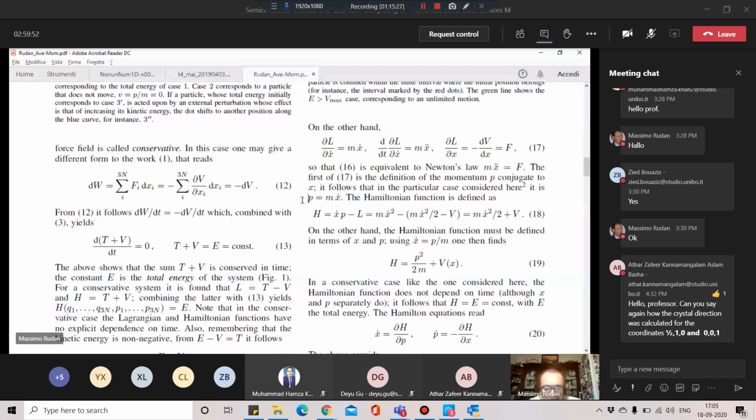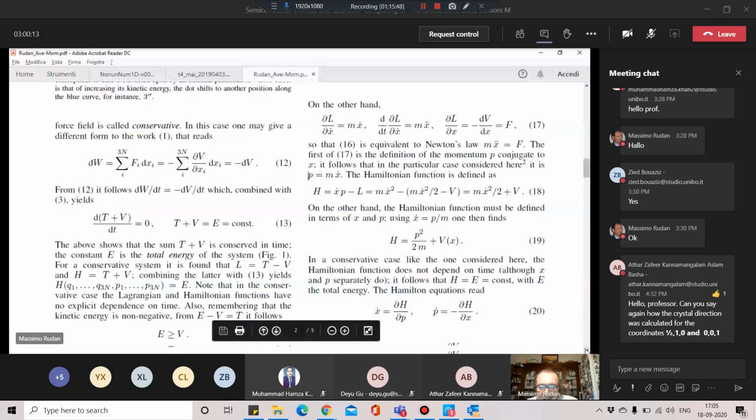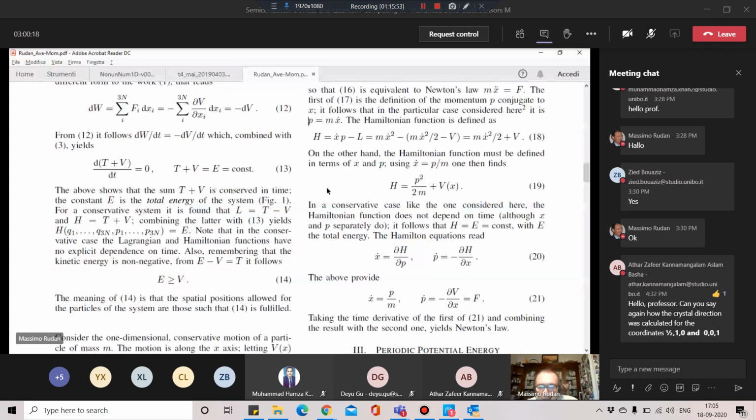So the kinetic energy, instead of being written as 1/2 mass times the square of velocity, can also be written as the square of momentum, p squared, divided by 2m. So this is a one-dimensional situation.